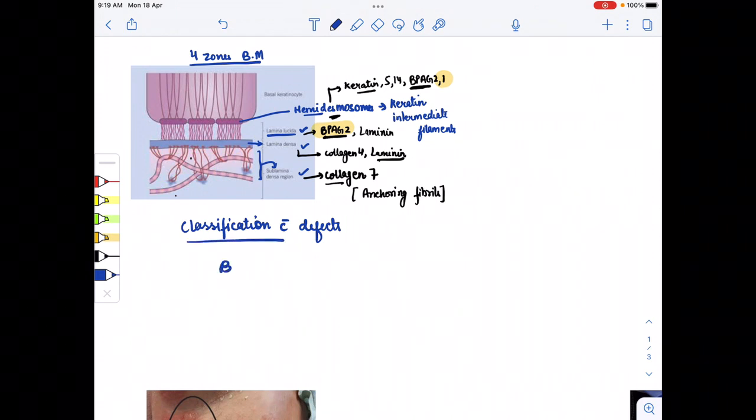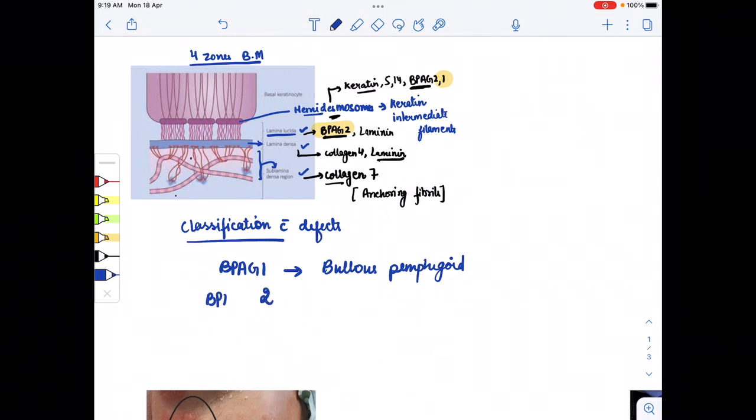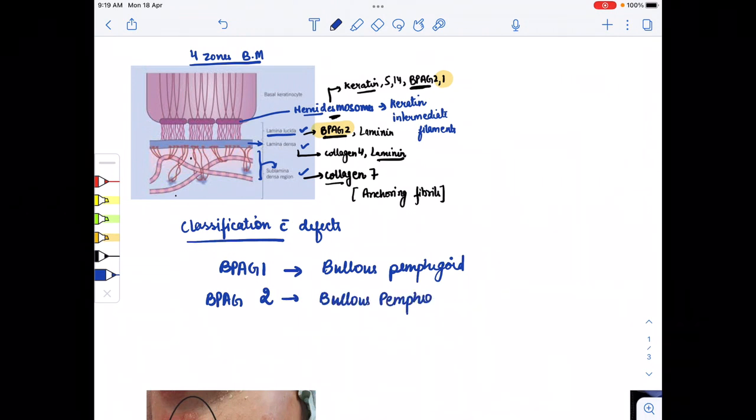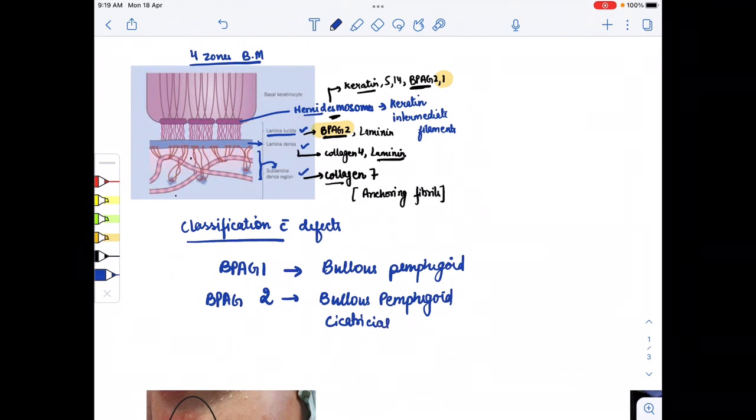If there is a BPAG1 defect, then it is the bullous pemphigoid group. BPAG2 also gives the bullous pemphigoid group, and the other one is cicatricial pemphigoid.